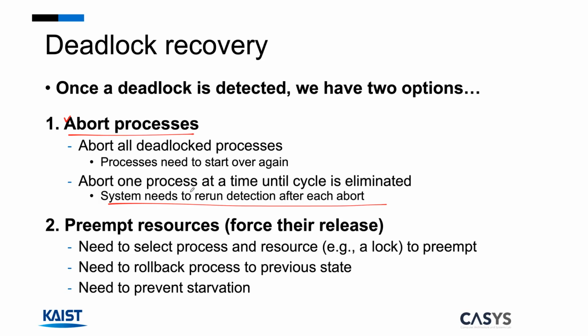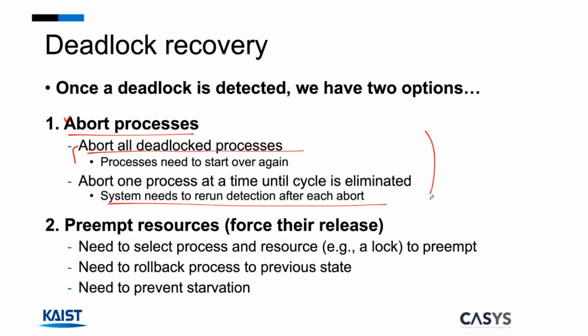Even if one process is terminated, the other processes may still hold a cycle causing a deadlock. But this is an optimistic approach where you can kill one process. The other one is to abort all processes. This is pretty inefficient, but sometimes it works. All the processes are killed and restarted, hoping that the deadlock never happens again.